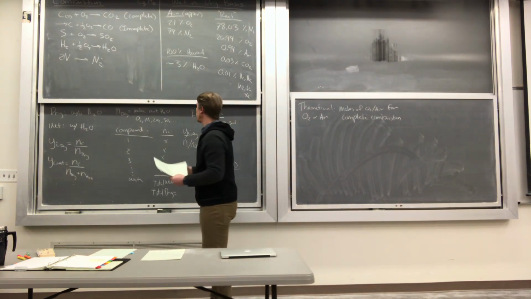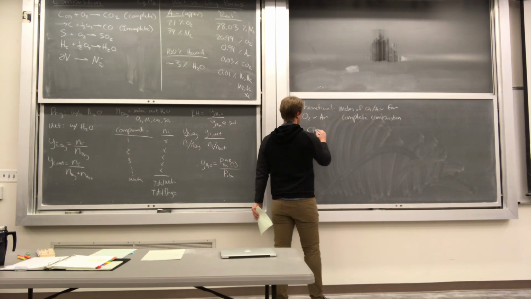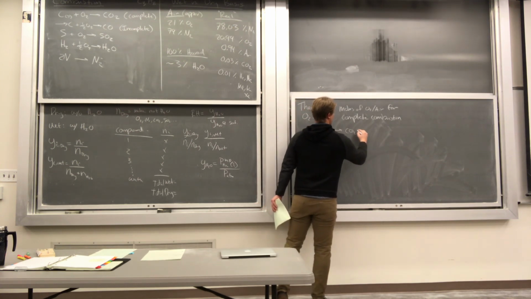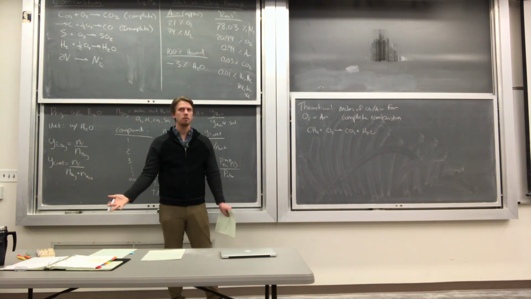Okay, so this would be, for example, if I were to balance out a chemical reaction. Let's just make a simple one. Okay, so this is methane combustion. As a recap, let's just balance out this chemical reaction.